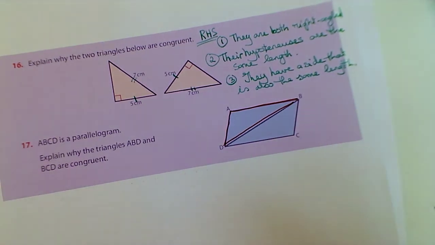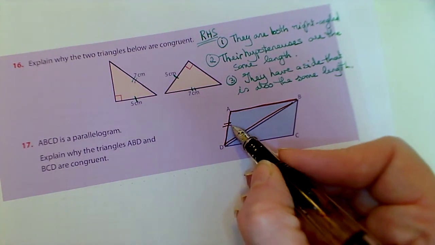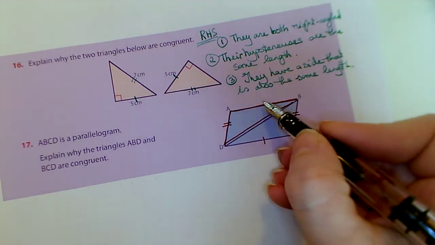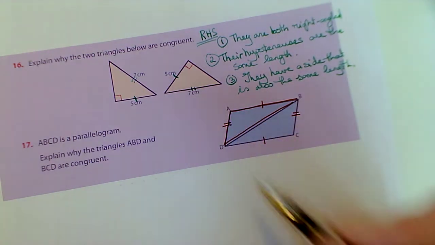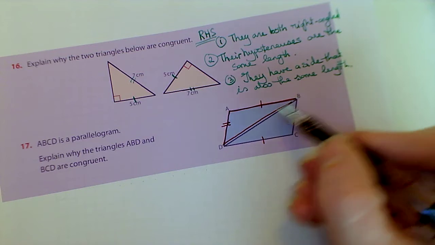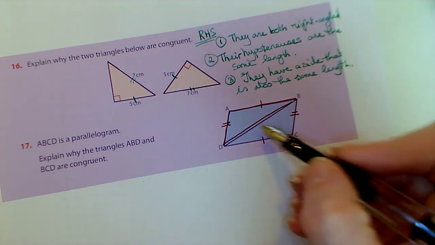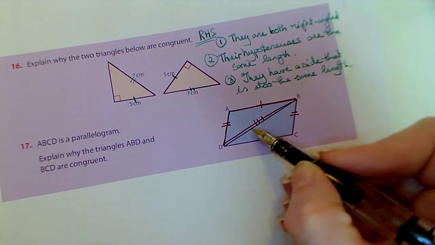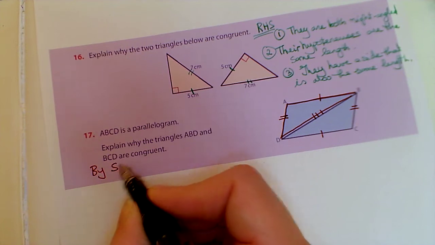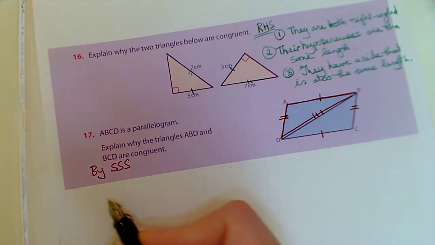Well, what do we know? In a parallelogram, we know that opposite sides are equal in length and opposite angles are equal in size. But also, this dividing line here from B to D is a shared line, so it's the same as itself. So they're congruent by side, side, side, three sides in common.